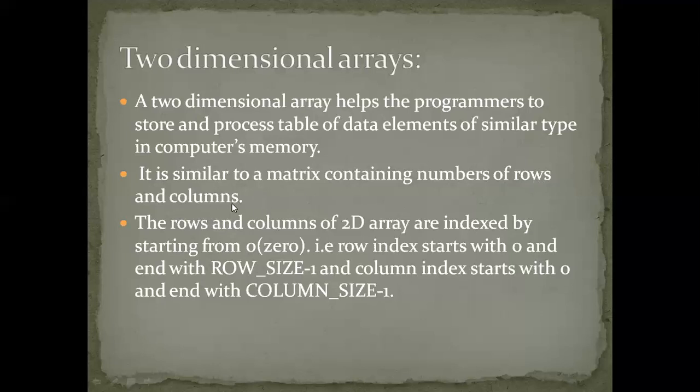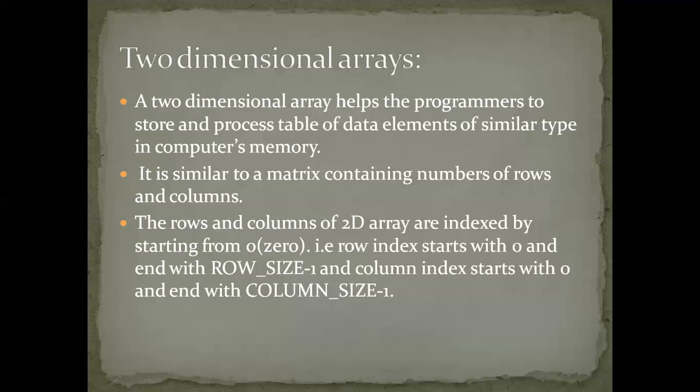So here also in the two-dimensional array, in the size we have two values, that is row value and column value. The rows and columns of two-dimensional array are indexed by starting from 0, that is row index starts with 0 and ends with row size minus 1. Array also is the same thing. The index value of array is 0 to array size minus 1.